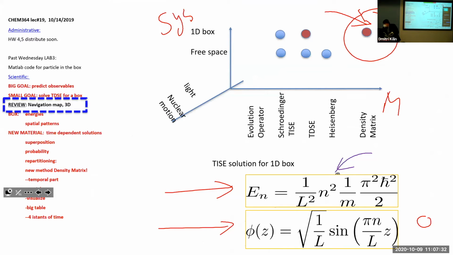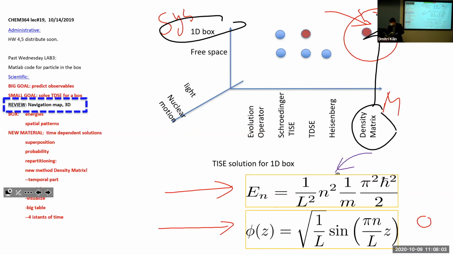So here is our navigation map, and my personal goal is to bring slides in the whole course in this format. But you will see, if I am behind my own schedule, from time to time a similar style map with hand drawing. So we are using density matrices to predict the dynamics of an electron in a one-dimensional box.